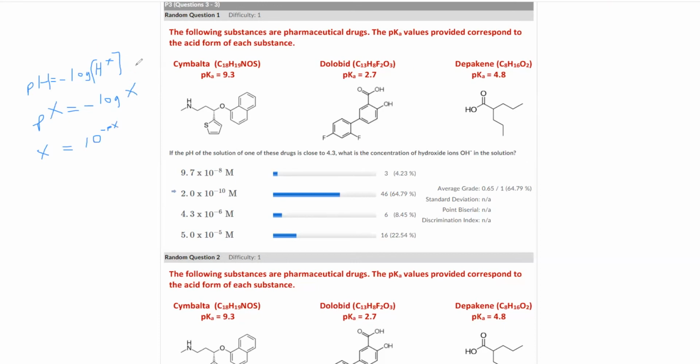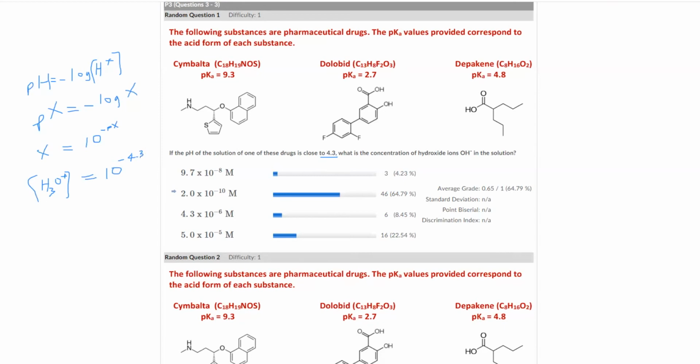Now, if you want to find the H3O plus concentration when you are given the pH, which is 4.3, the H3O plus concentration must be equal to 10 to the power of minus pH, or minus 4.3 in this case.